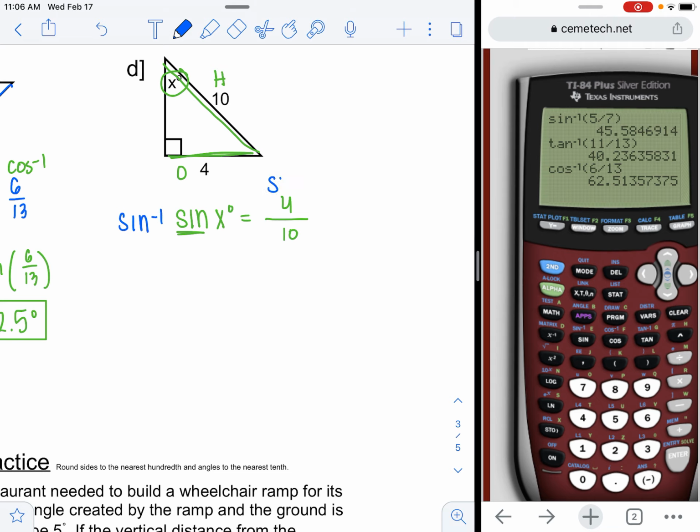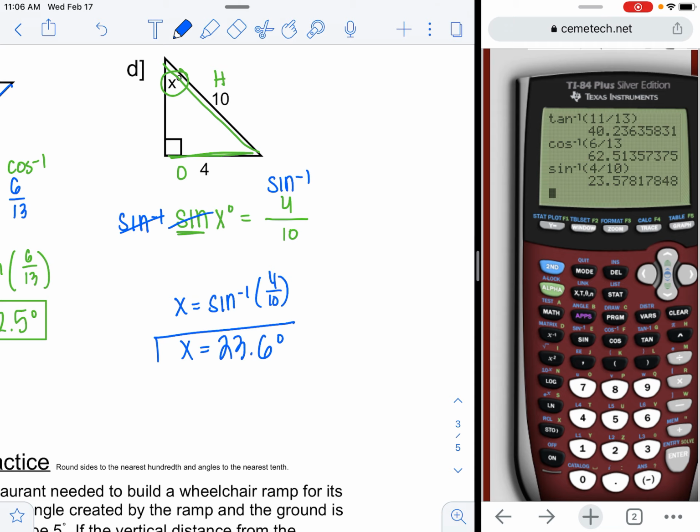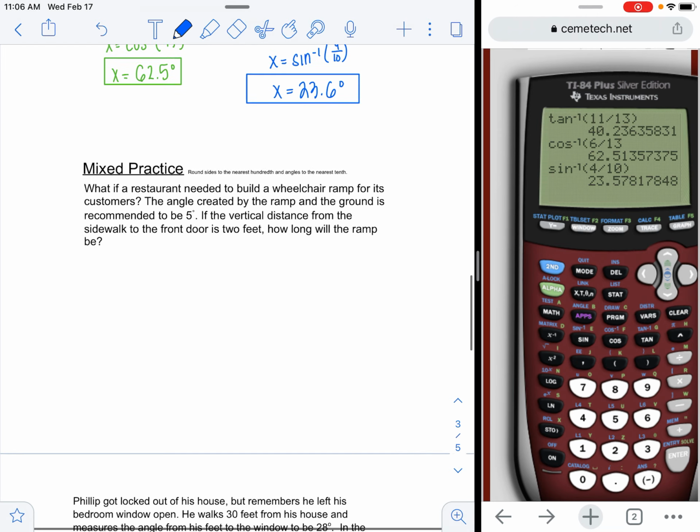So to get rid of sine, because we have to solve for x, right, we're going to use sine inverse. These cancel. You have x equals sine inverse of 4/10. Put that in your calculator, and that'll give us our angle. Sine inverse of 4 divided by 10. Close the parentheses, hit enter, and you get 23.6 degrees.